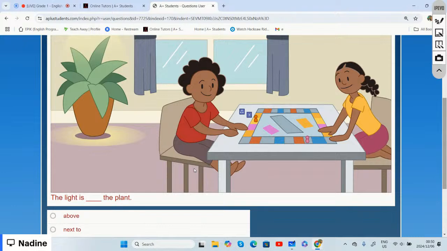So the plant, do we say it is above the plant or next to the plant? The light is where?